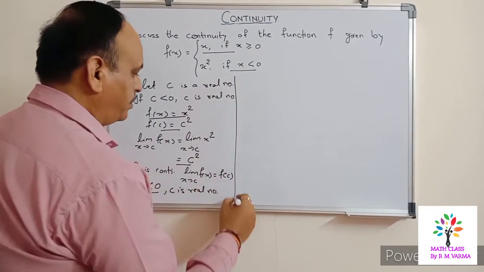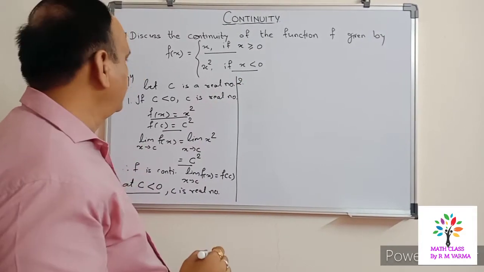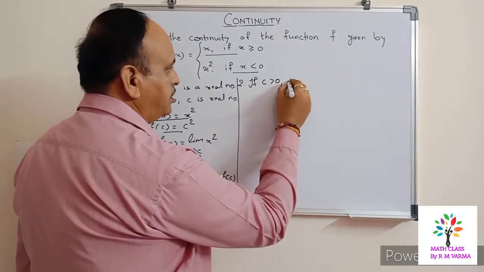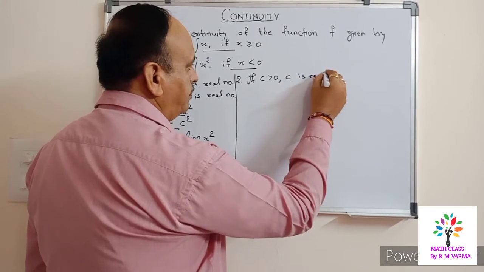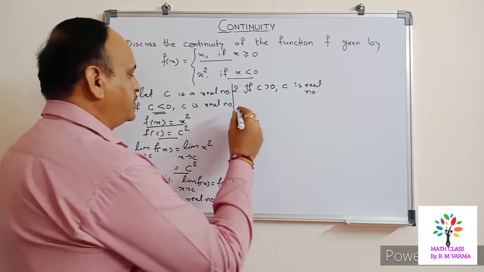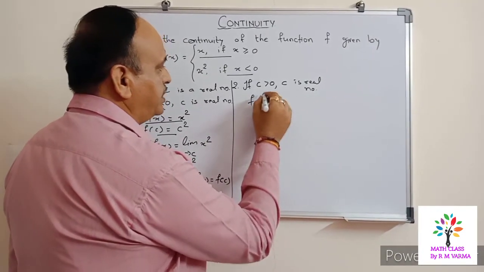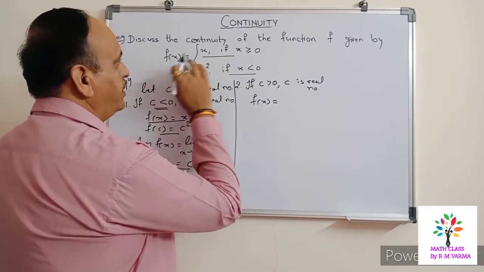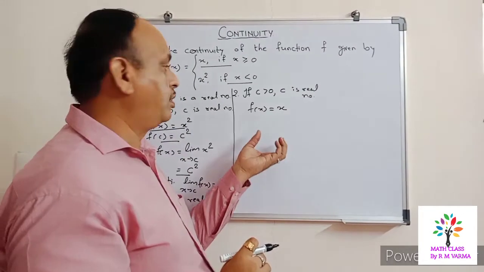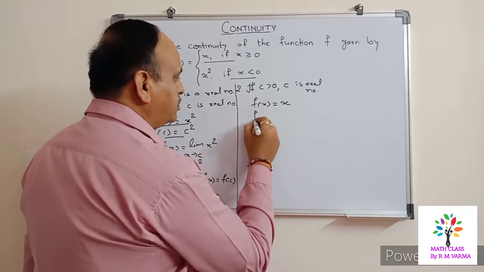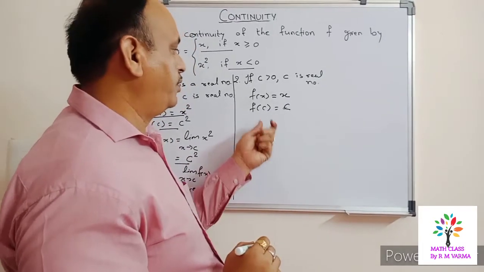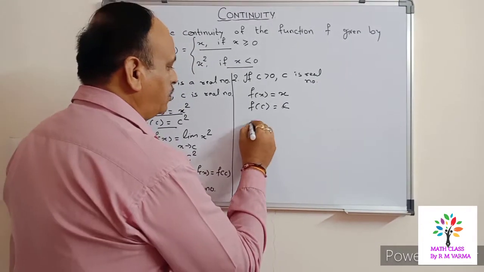Now we talk about the second part. If c is greater than 0, c is a real number. Now let us see what happens in this. When c is greater than 0, the function f(x) equals x, since x is greater than 0. Now we take the value of x as c. So f of c is c. So the value of the function we have got is c. Now the limit.